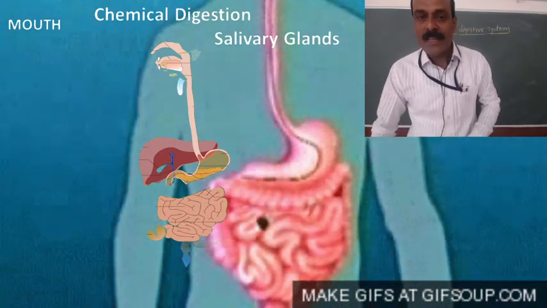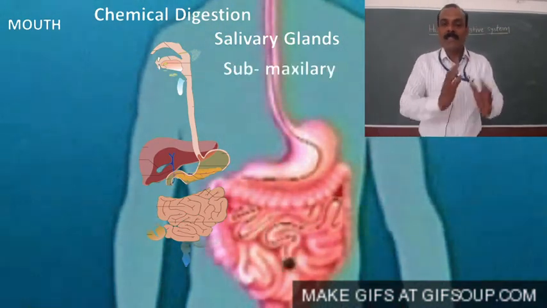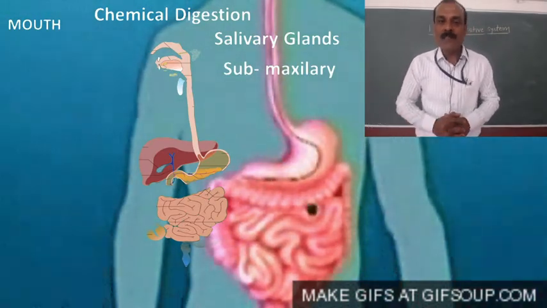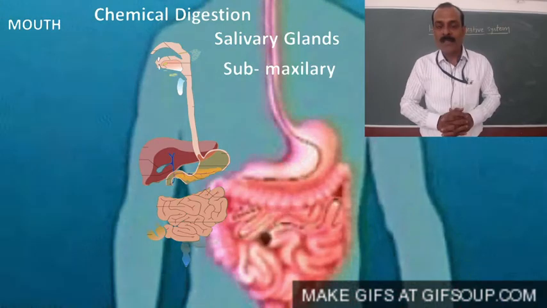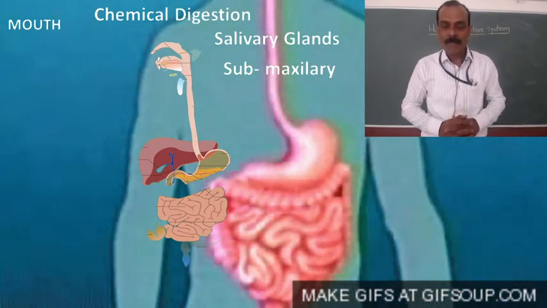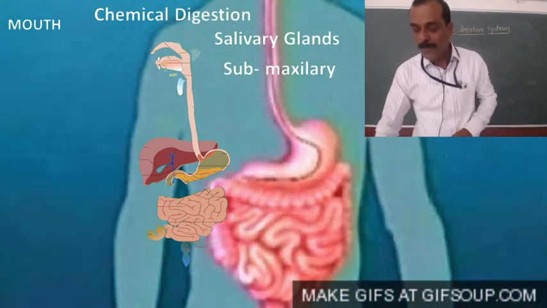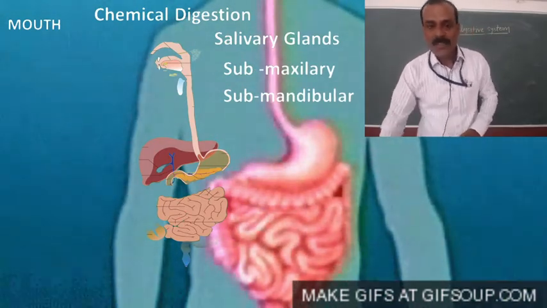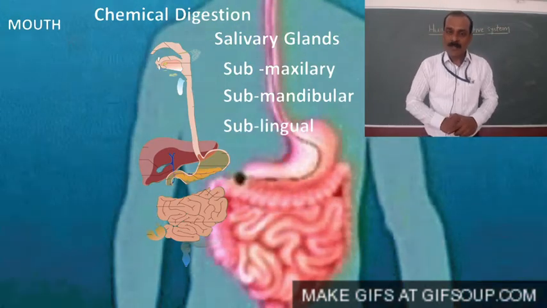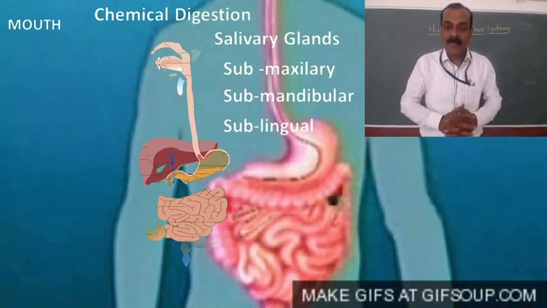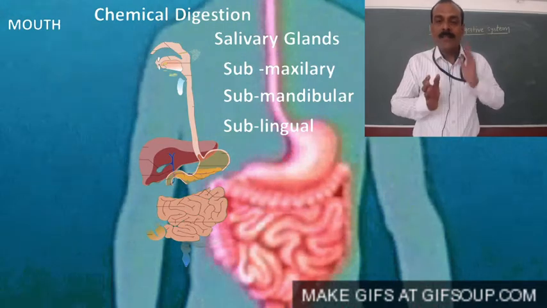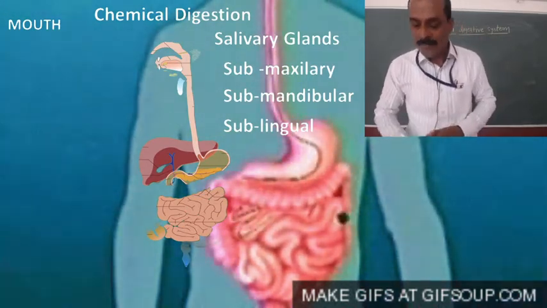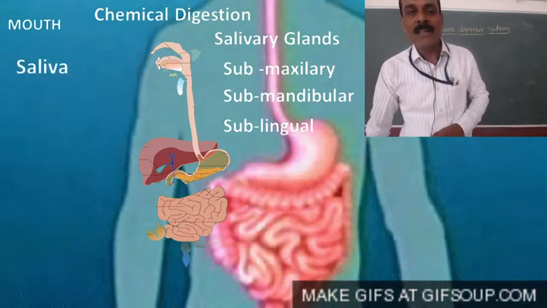There are three pairs of salivary glands, as you can see in the image on our screen: the submaxillary, the submandibular below the teeth, and the sublingual. Three pairs means six in total, three from each jaw.